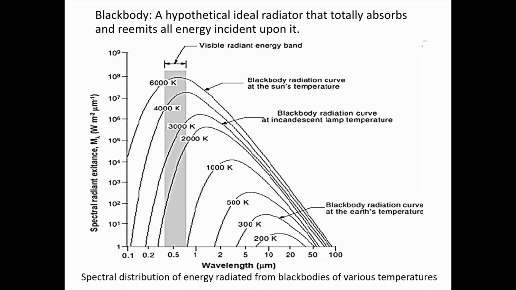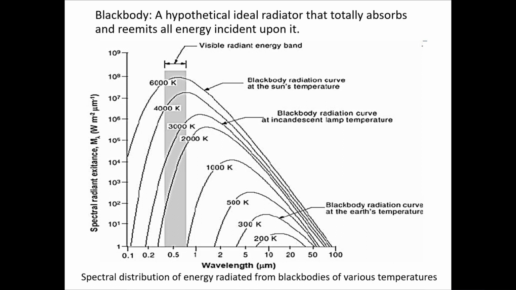You can see here, that happens at a wavelength range of something about 4 to 5 micrometers. So is that in the visible spectrum? Can you see the energy radiating from the Earth's surface? No, right? But here you can see the black body radiation curve at incandescent lamp temperature.